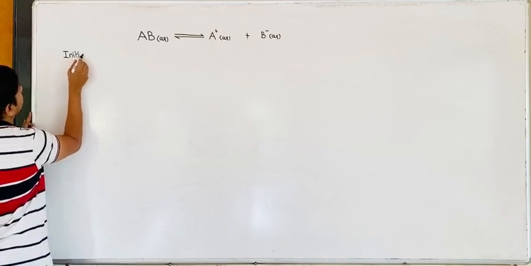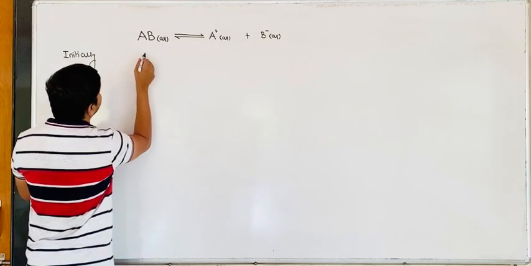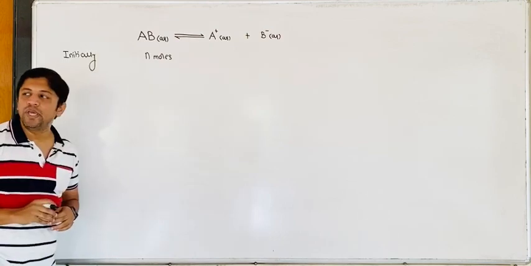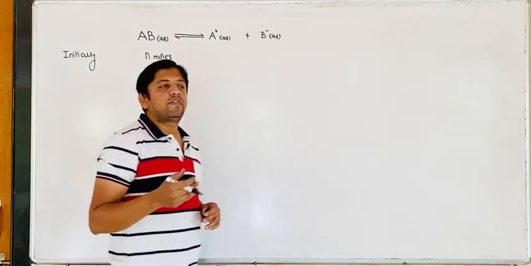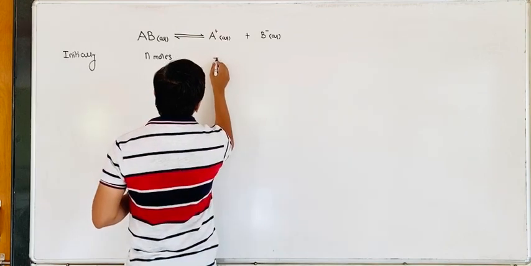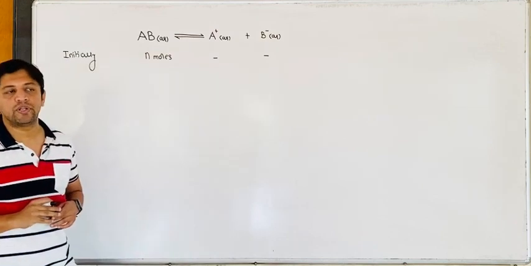Initially we have taken n moles of electrolyte AB, and AB is yet to be dissolved in water. So there are no A plus ions and B minus ions initially present in aqueous solution.